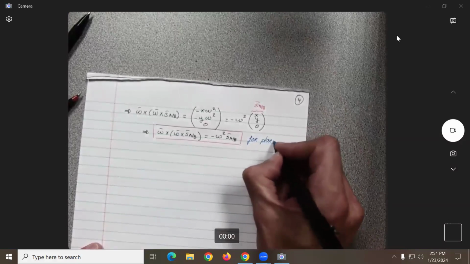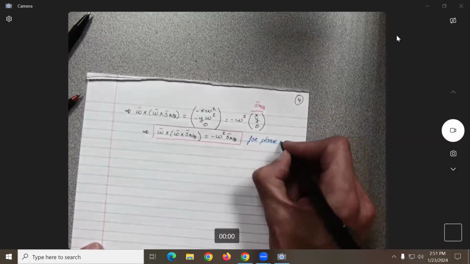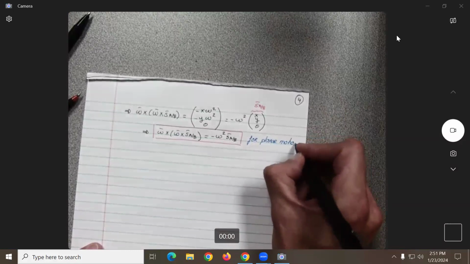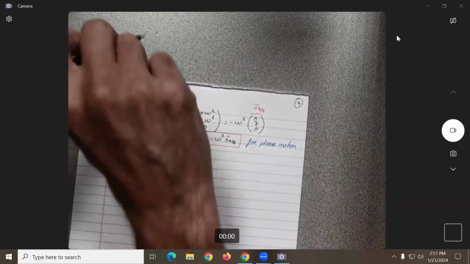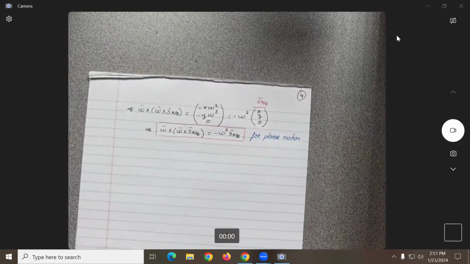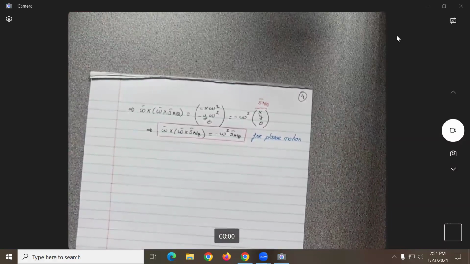This should be for planar, or 2D, motion.